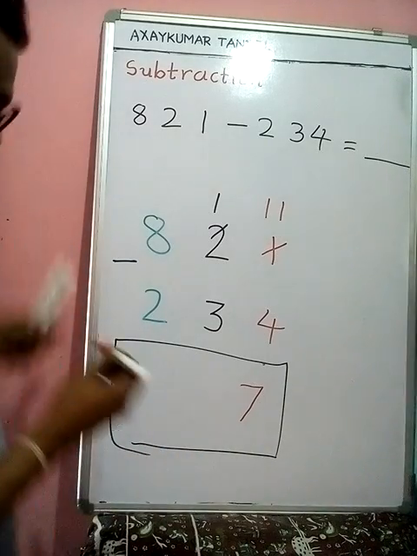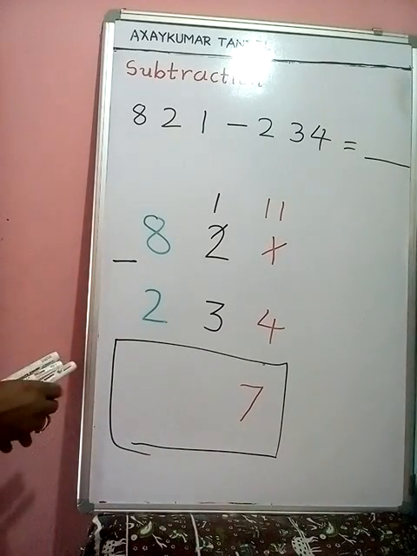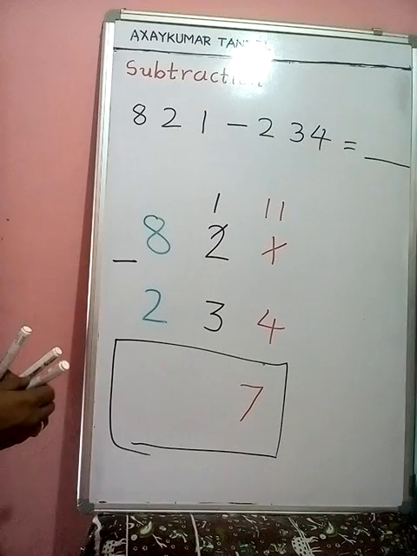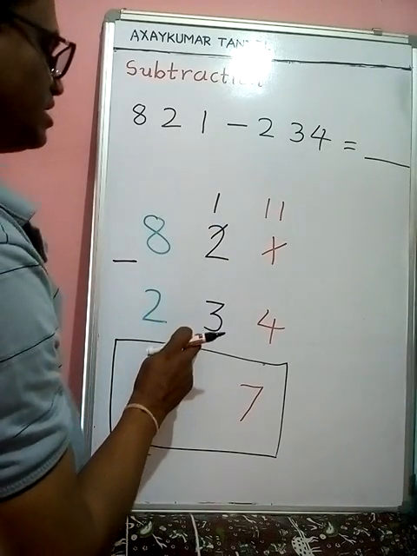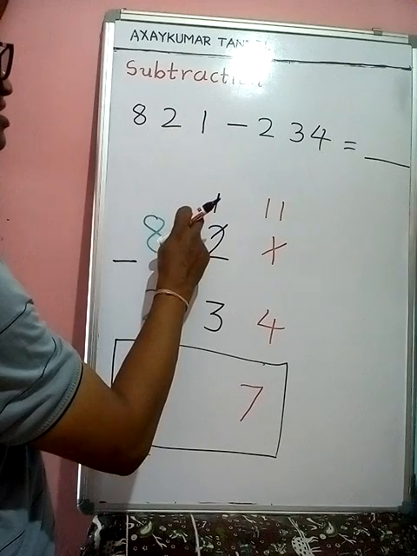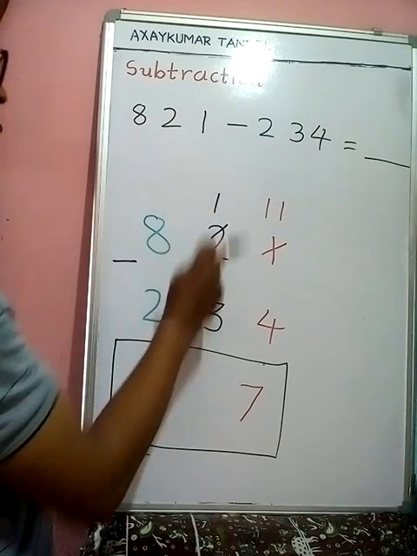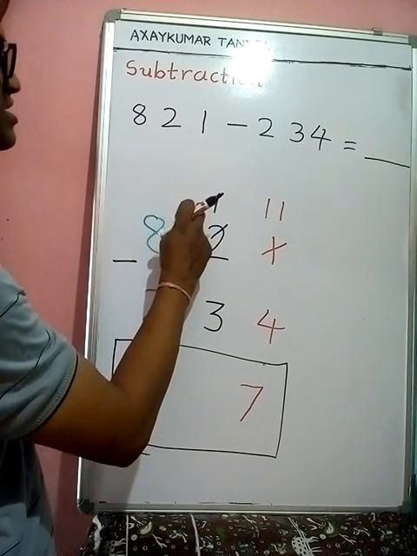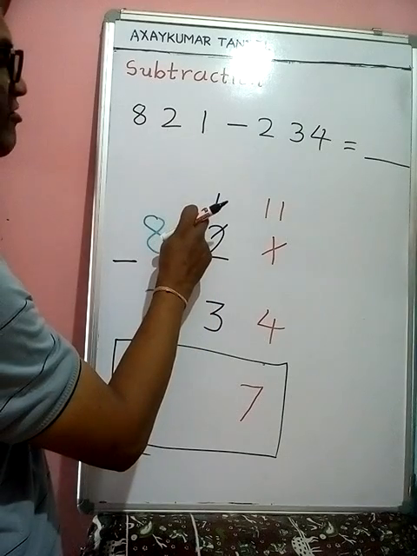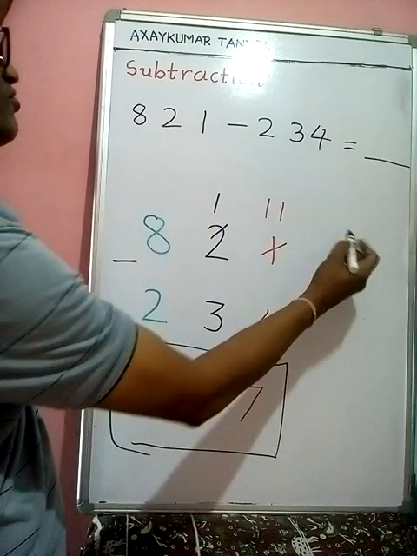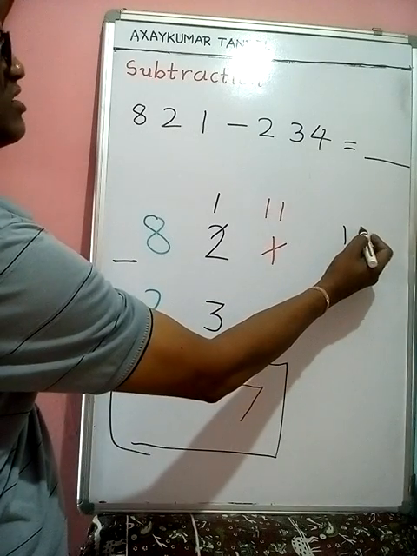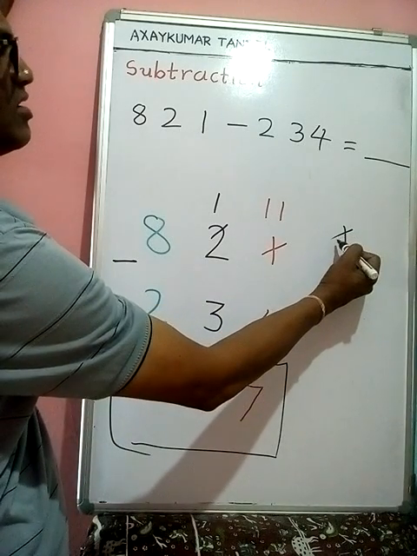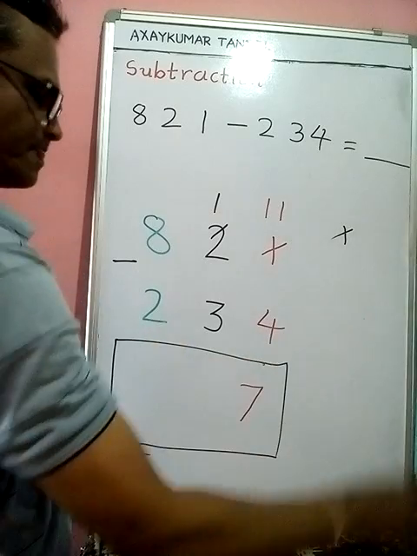Now we do tens column subtraction. 1 minus 3. Here 3 is greater than 1. Therefore, we cannot subtract 3 from 1, because 3 is greater than 1. If we draw one line, we can only cut 1, not 3.